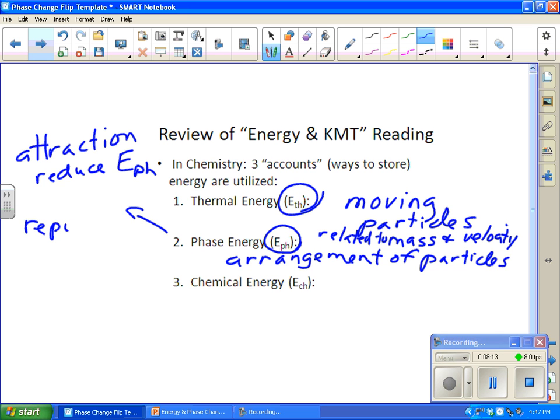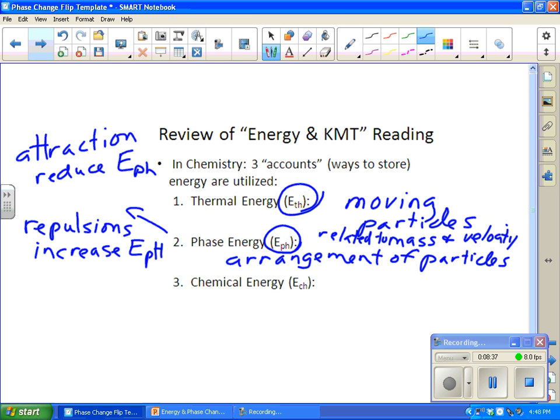Repulsions are going to increase the E_ph. So once again, now you can see why in the gaseous phase, those particles are going to have the greatest amount of stored energy as phase energy.